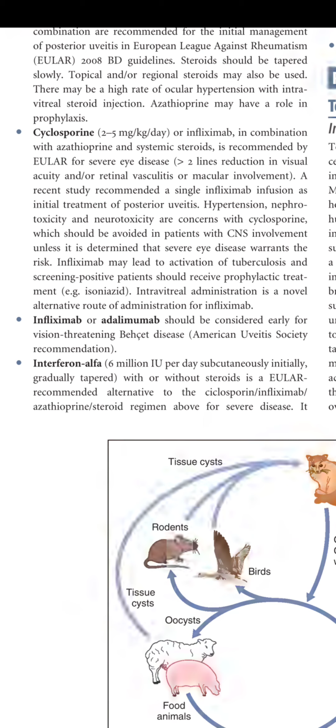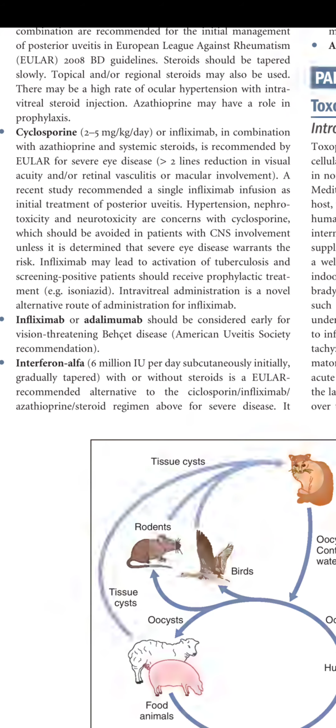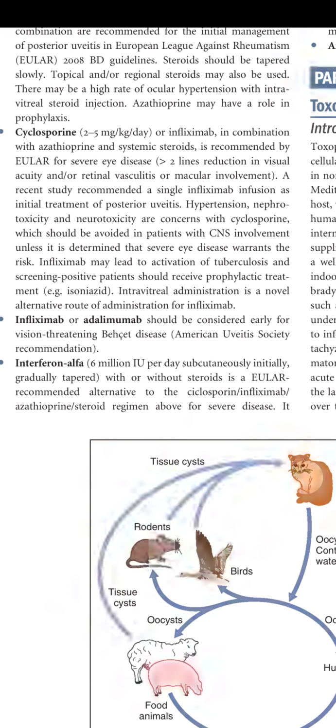Infliximab or adalimumab should be considered early for vision-threatening Behçet disease, per the American Uveitis Society recommendation. Then there is interferon alpha, 6 million IU per day subcutaneously, initially gradually tapered, with or without steroid, which is a EULAR recommended alternative to cyclosporin, infliximab, and azathioprine with steroid regimen for severe disease.